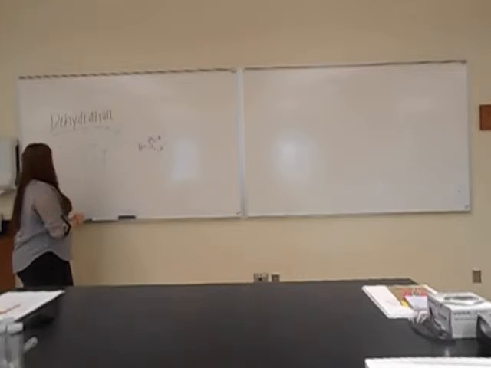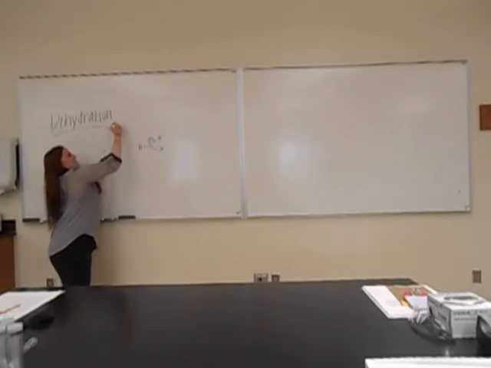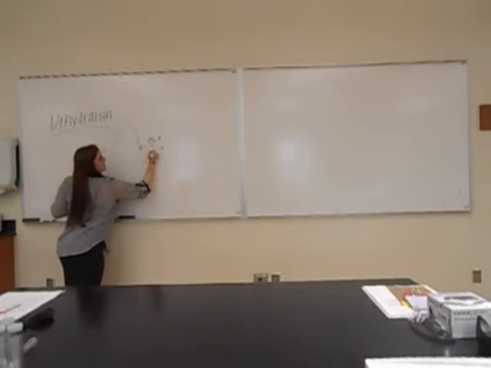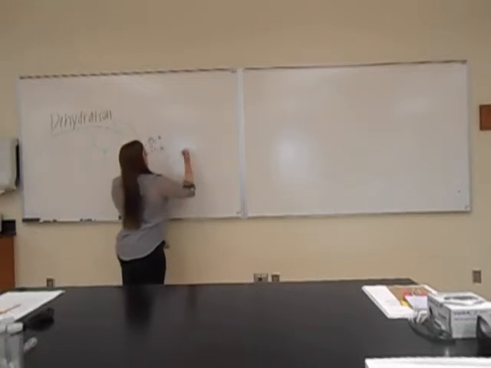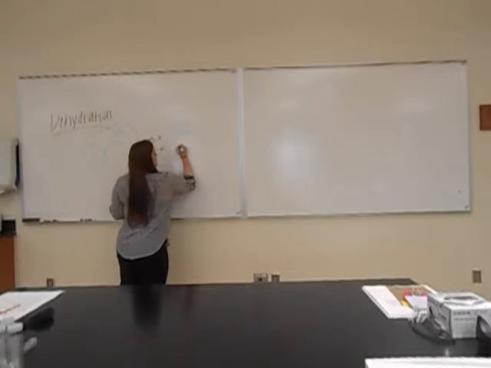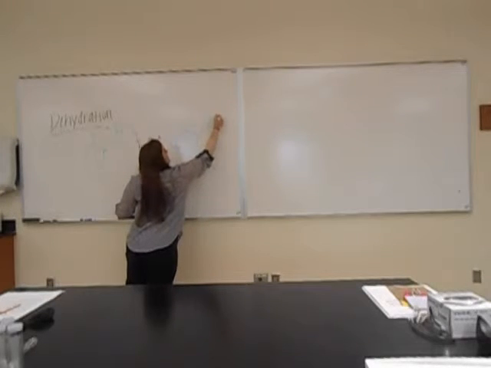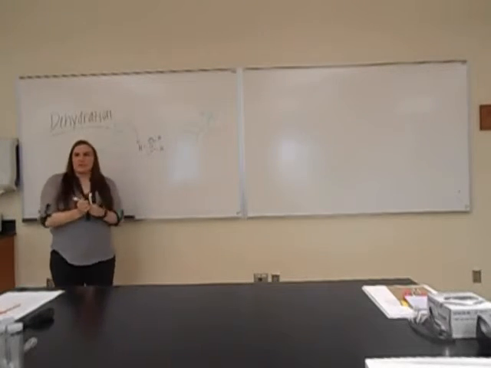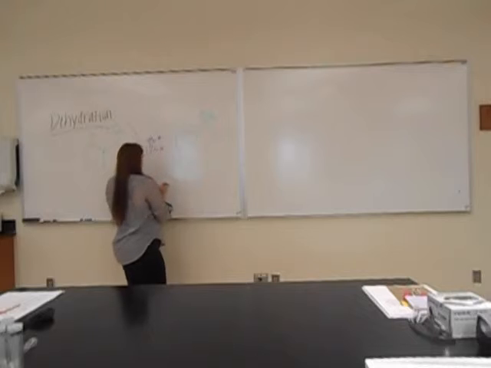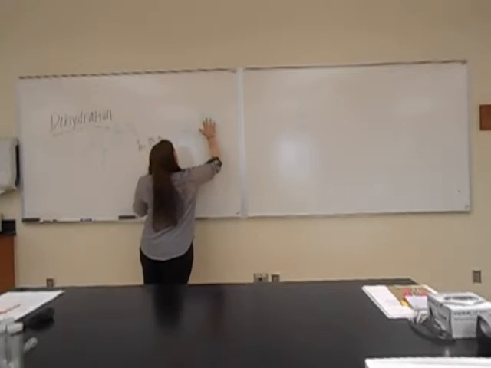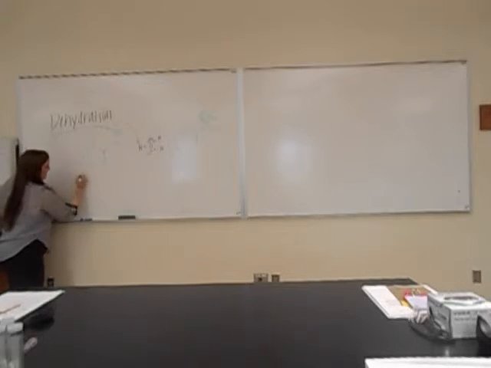So what will happen is the electrons from this molecule will grab this hydrogen, putting these electrons onto here, which will form this. So now that we have that protonated alcohol group, it will leave, and then we'll form something like this, a carbocation.